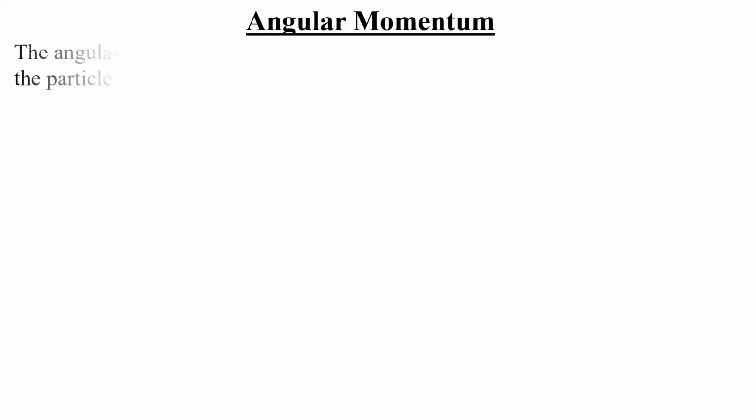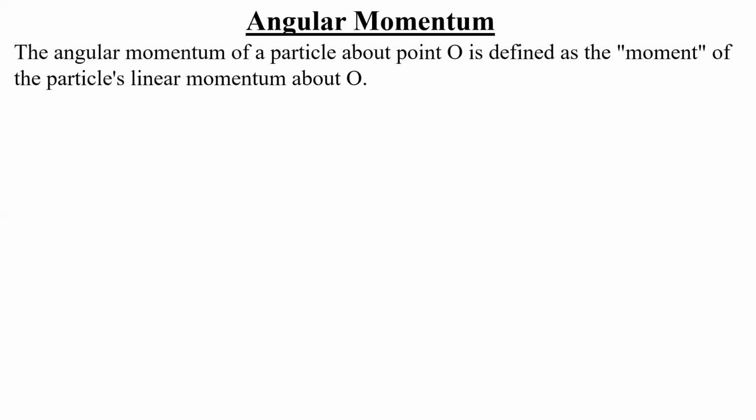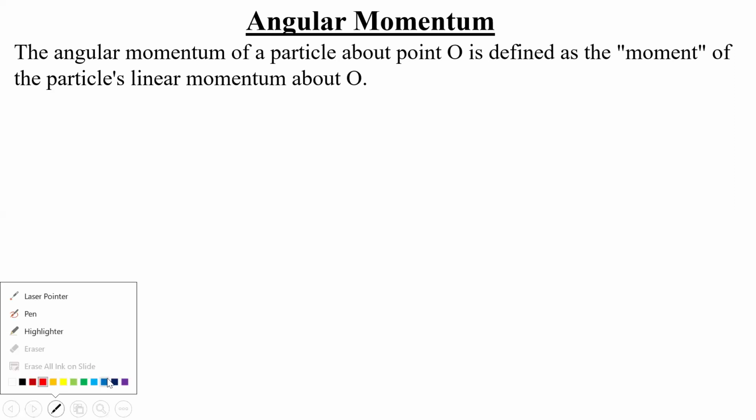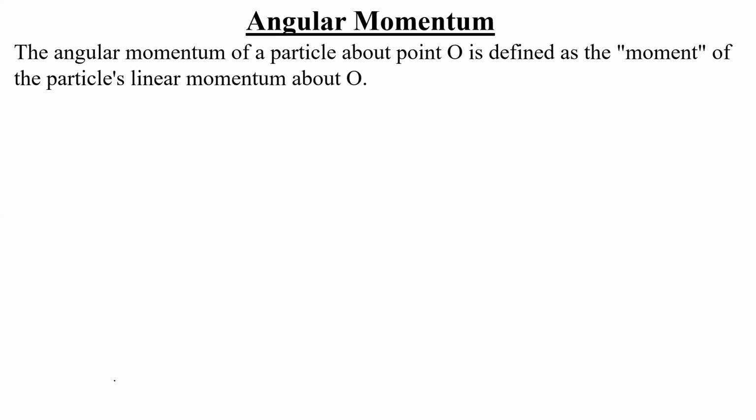Angular momentum. The angular momentum of a particle about O is defined as the moment of the particle's linear momentum. What it's saying is that you have to find the linear momentum first.